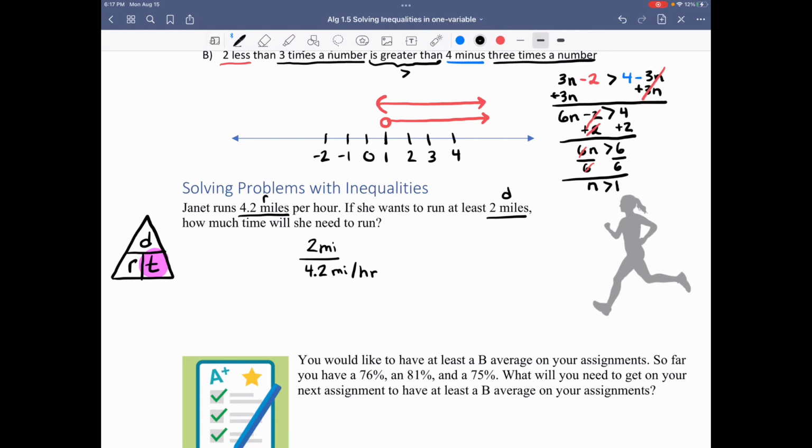And we want to know her time. Since she wants at least 2 miles, the time has to be greater than or equal to that. And then we just need to divide those. So 2 divided by 4.2.